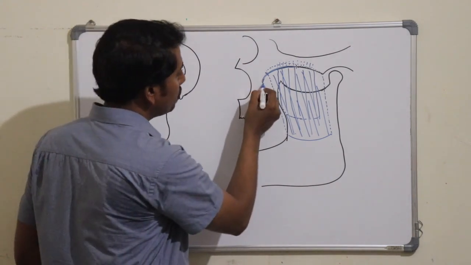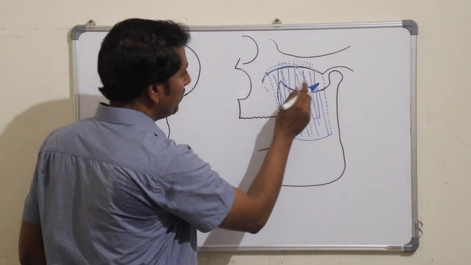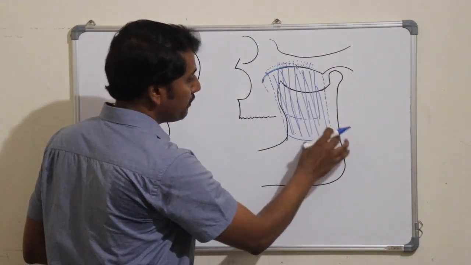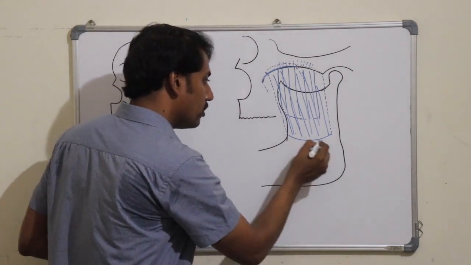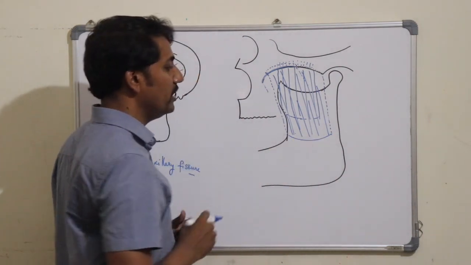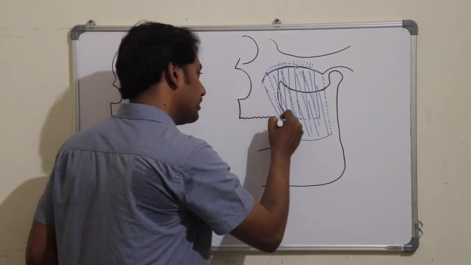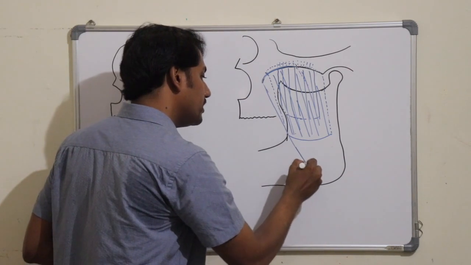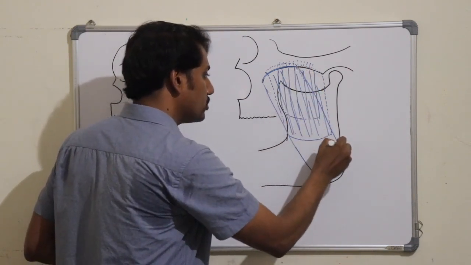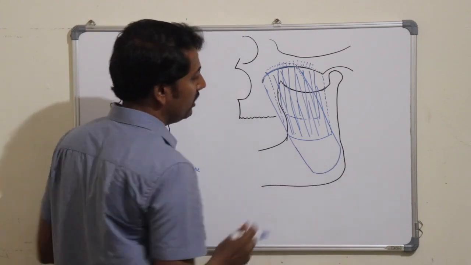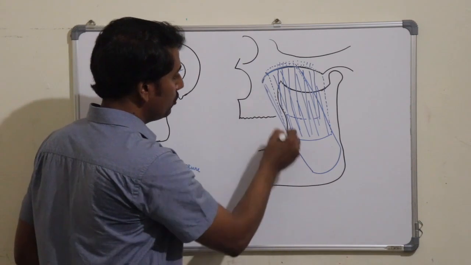The fibers of the superficial part pass at an angle of 45 degrees, going downwards and backwards to get attached to the lower part of the lateral surface of the ramus of the mandible. So if you draw it here, it is going downwards and backwards at an angle of 45 degrees to get attached to the lower part of the ramus of the mandible. So this is the superficial part.